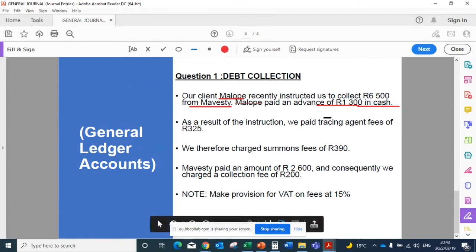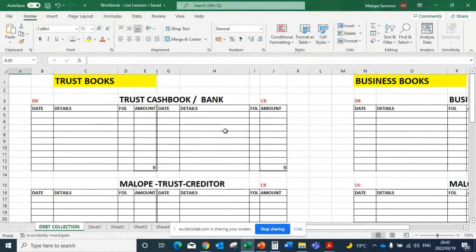So I need to go and record this 1,300 that I received from the client. As you can see, I've got the trust books and the business books. But remember from our past experience, we know that the bank account is an asset. So assets increase on the debit side.